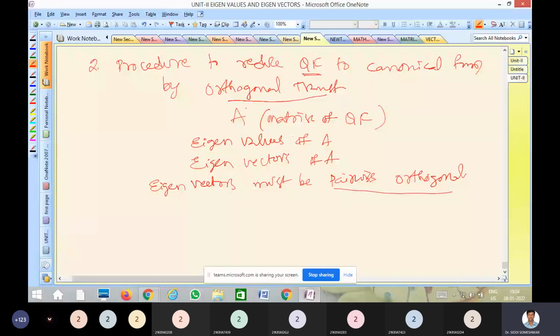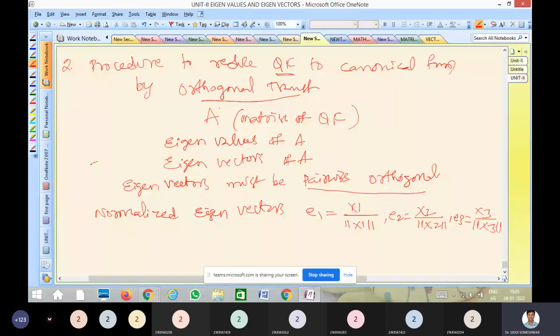Then you need to write the normalized eigenvectors: E1 is h1 by norm h1, E2 is h2 by norm h2, and E3 is h3 by norm h3.